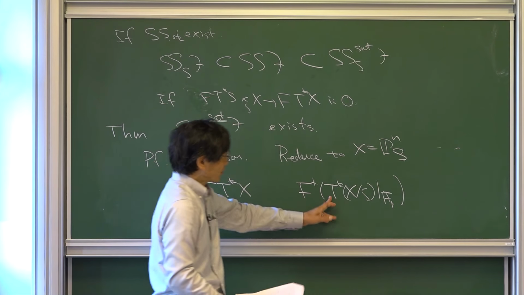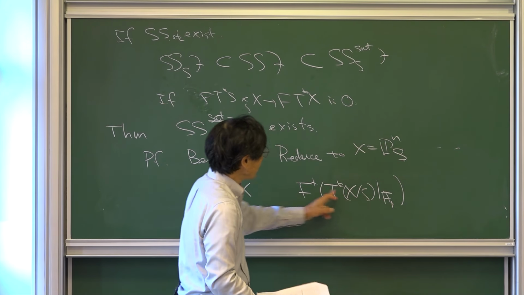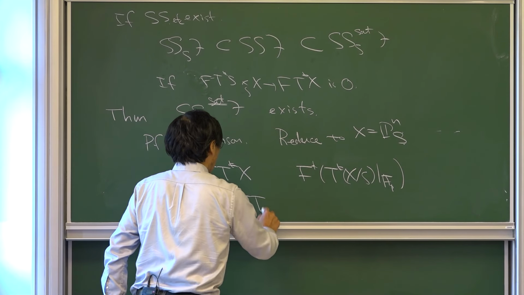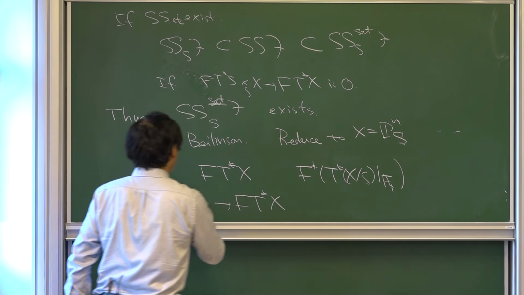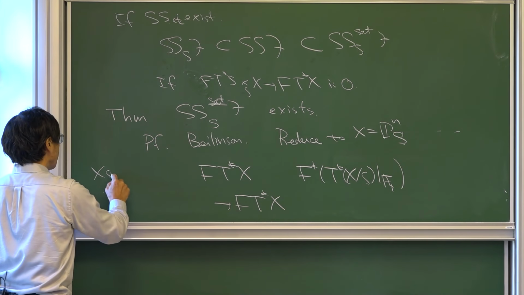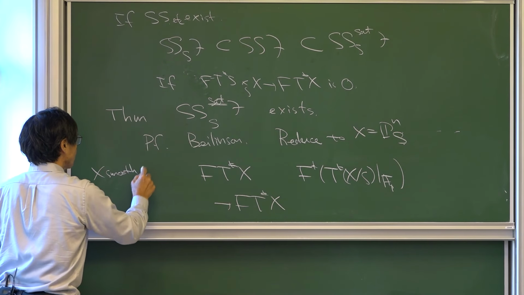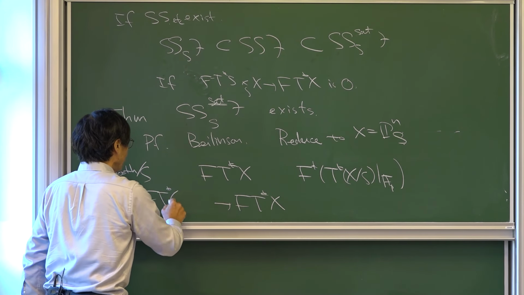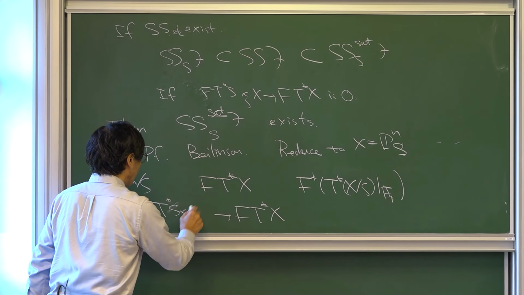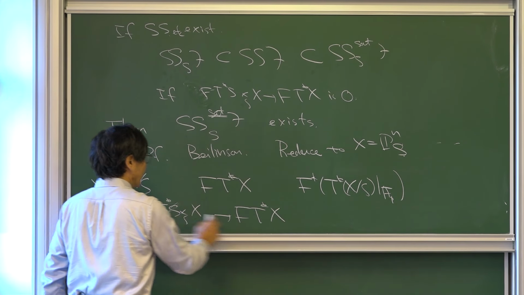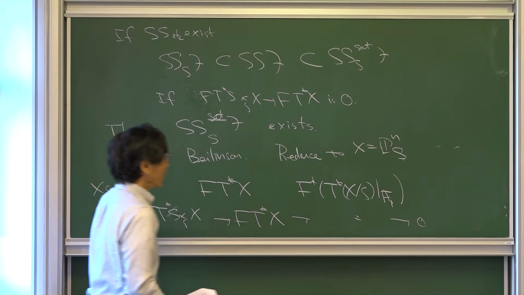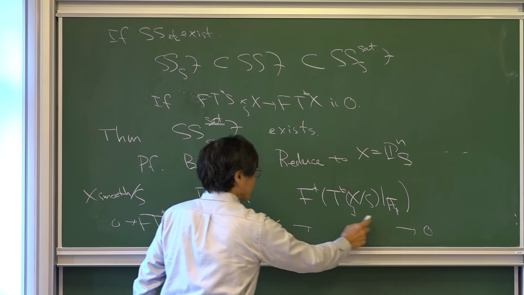of the cotangent bundle restricted to the characteristic p fiber. Because if X is smooth over S, then we have this exact sequence.